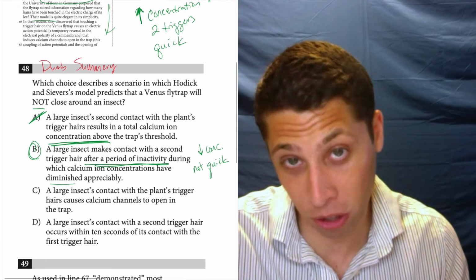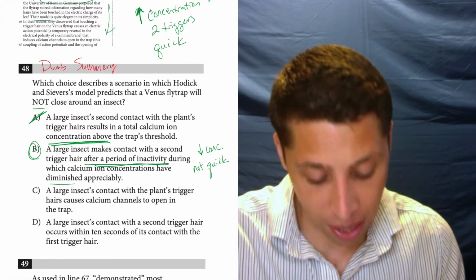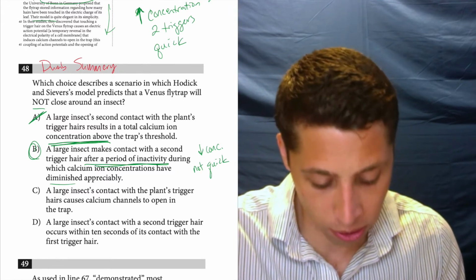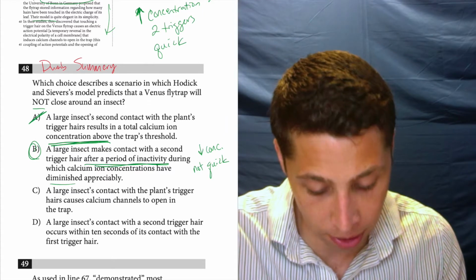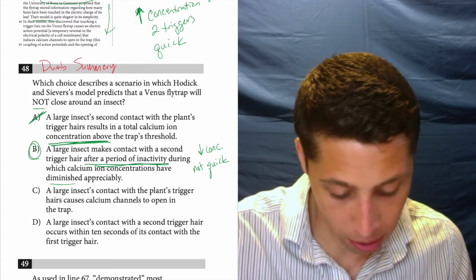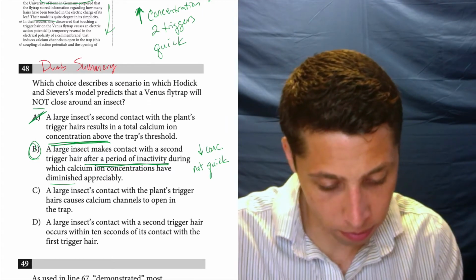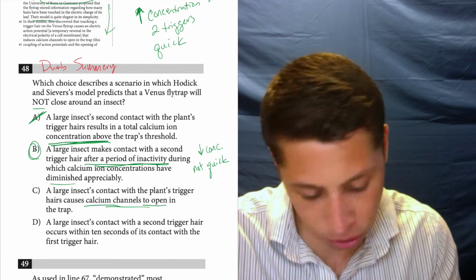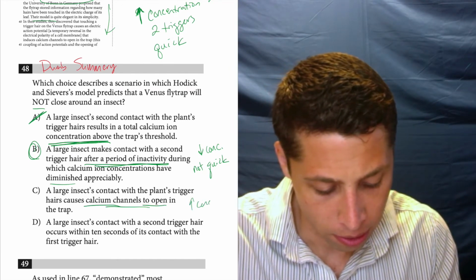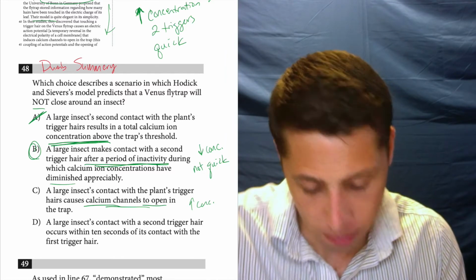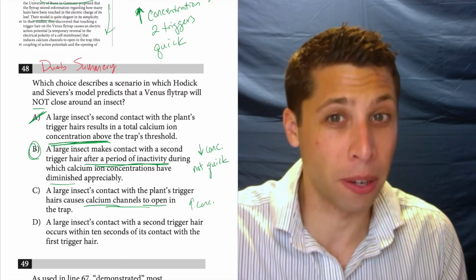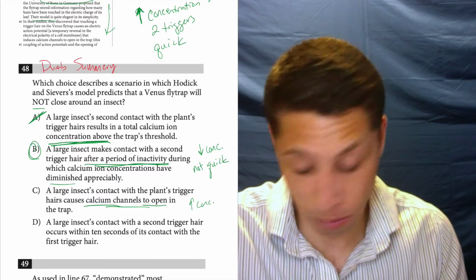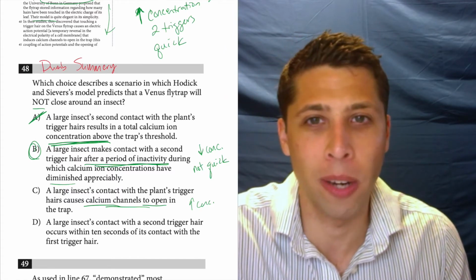So let's just make sure. C, a large insect's contact with the plant's trigger hairs causes calcium channels to open in the trap. Well, if the channels are opening, then the concentration is going up. I don't know, this one just seems like it's describing the mechanism. So this just seems like what would cause it, right?